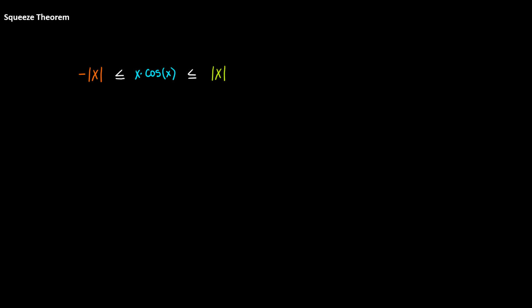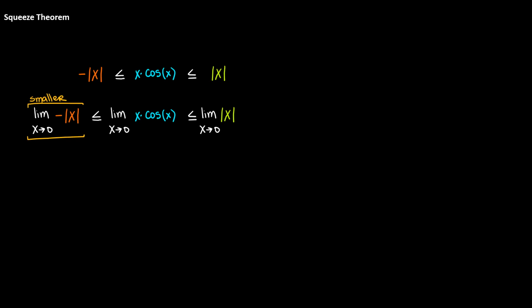To use the squeeze theorem, we first picked a smaller than function and a larger than function. We apply the limit to each term. We evaluate the limit for the smaller function. Then we evaluate the limit for the larger function. It is very important that the limit for these two outer functions goes to the same place.